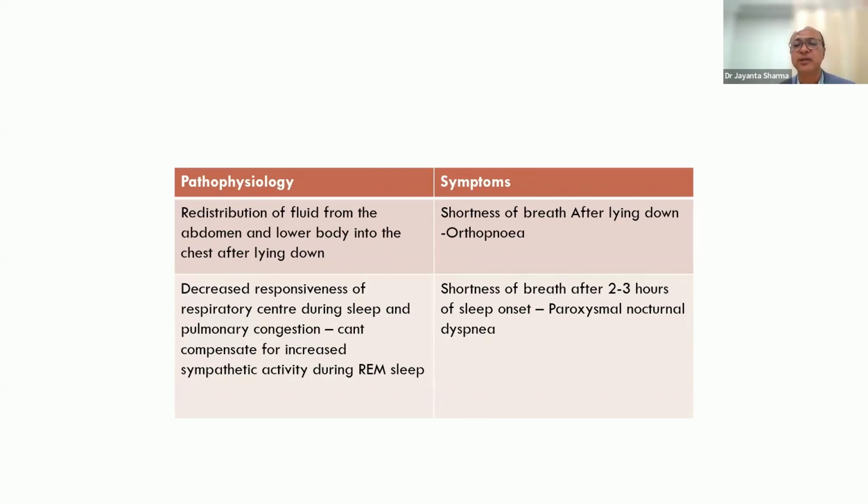There occurs shortness of breath 2 to 3 hours after sleep onset, and the patient complains of PND, that is, paroxysmal nocturnal dyspnea. So these are the 2 symptoms we usually get from elderly patients: PND, orthopnea, or dyspnea. These are the symptoms of heart failure in general for all patients present inside the ICU or critical care setup.